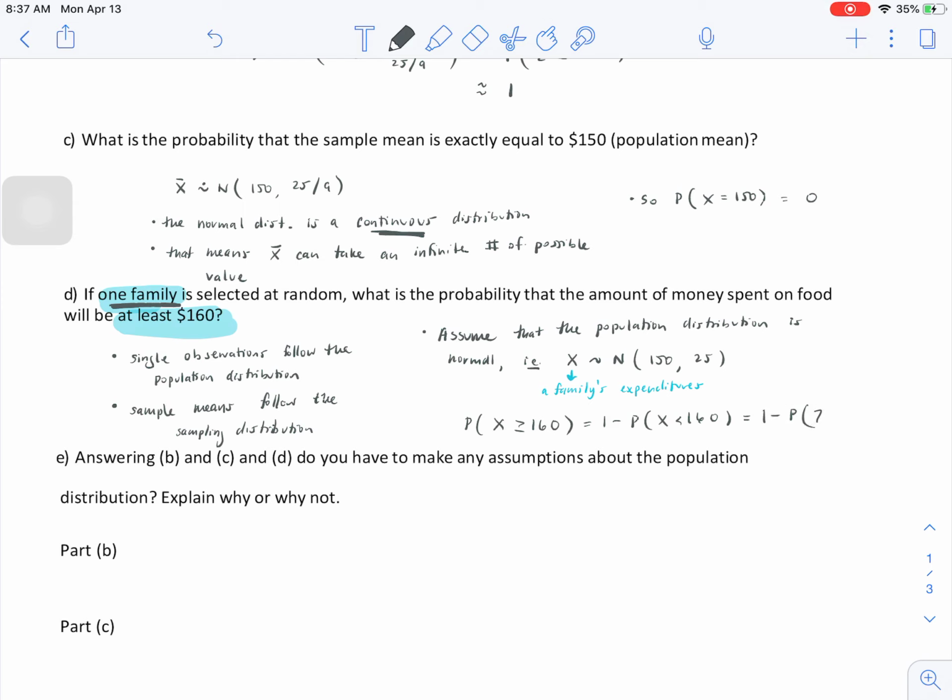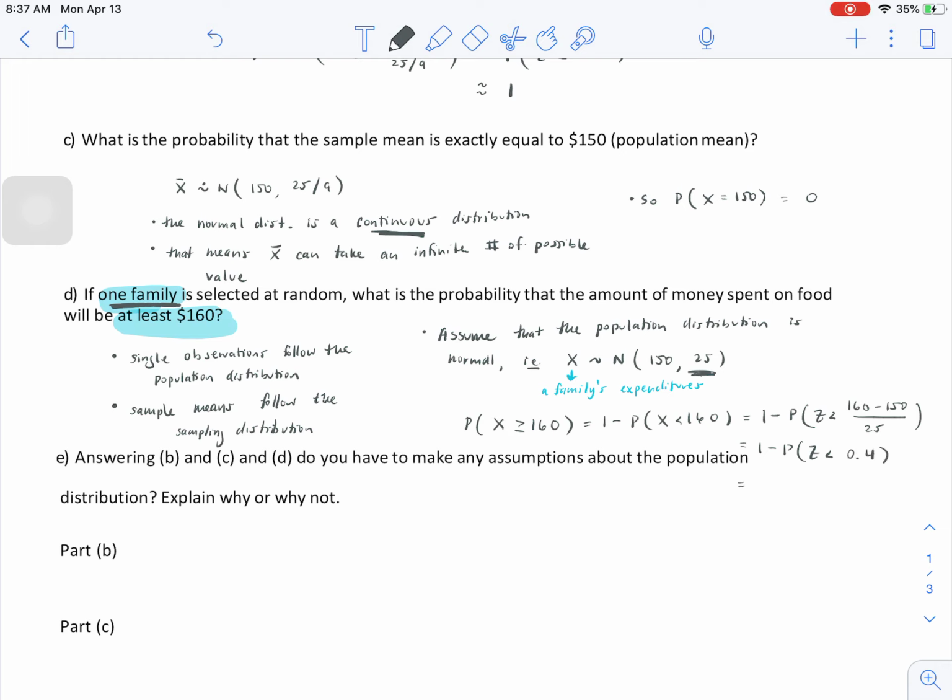So I take 160 minus 150 divided by the standard deviation of the population distribution, which is 25. If I plug this into my calculator, my z-score will be 0.4.